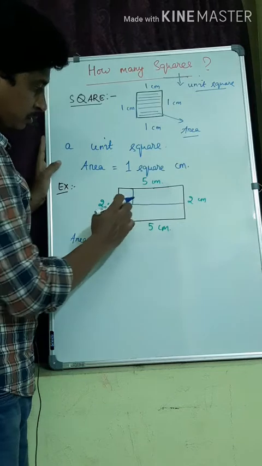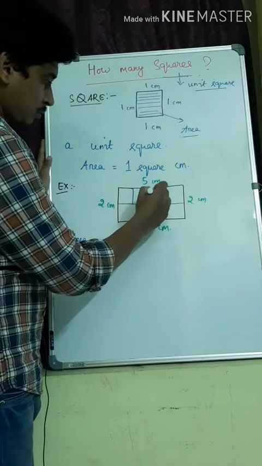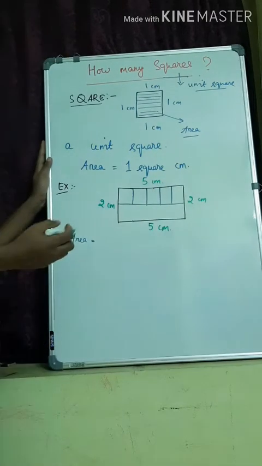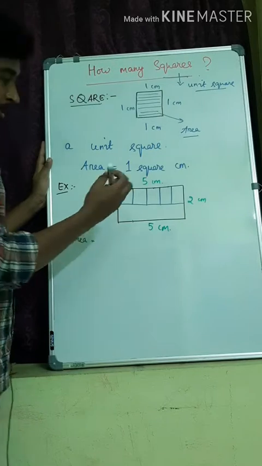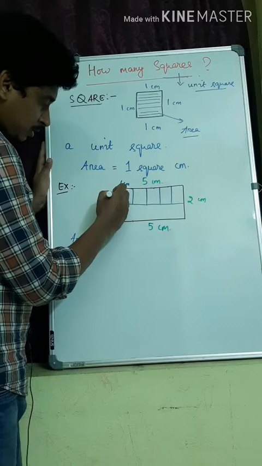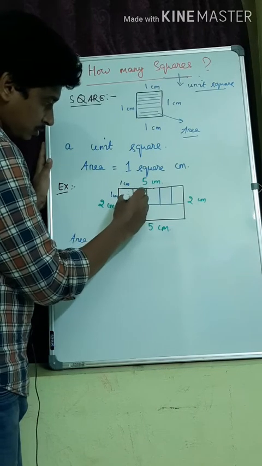These are small squares having each side 1 centimeter, and this is also 1 centimeter.